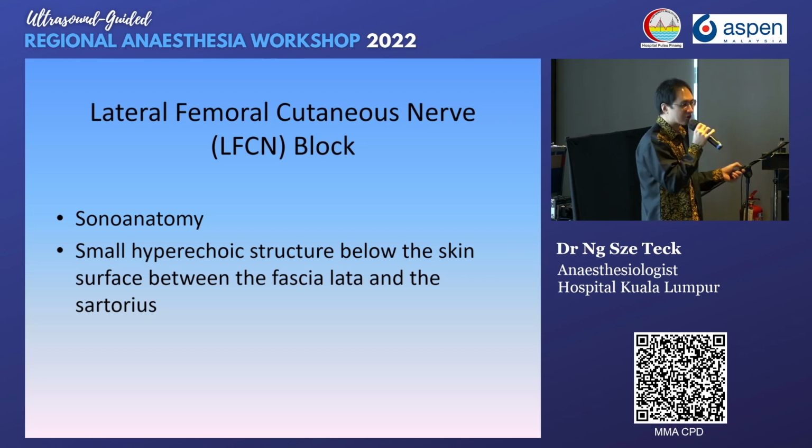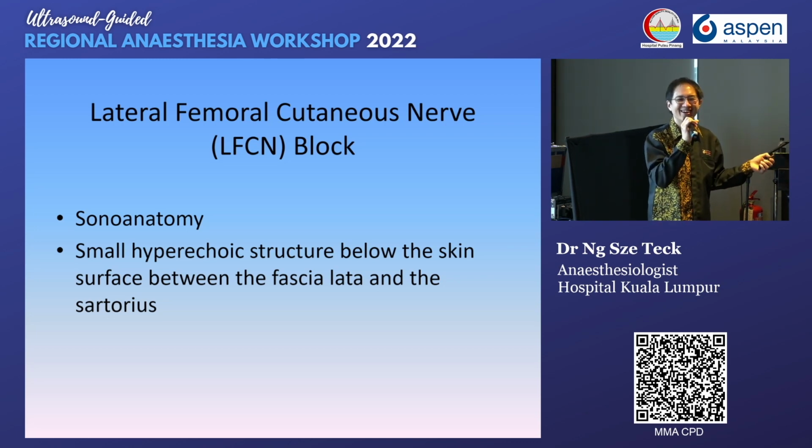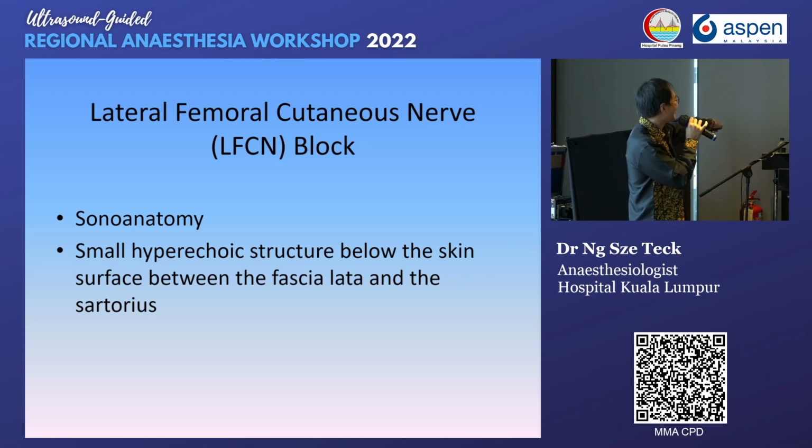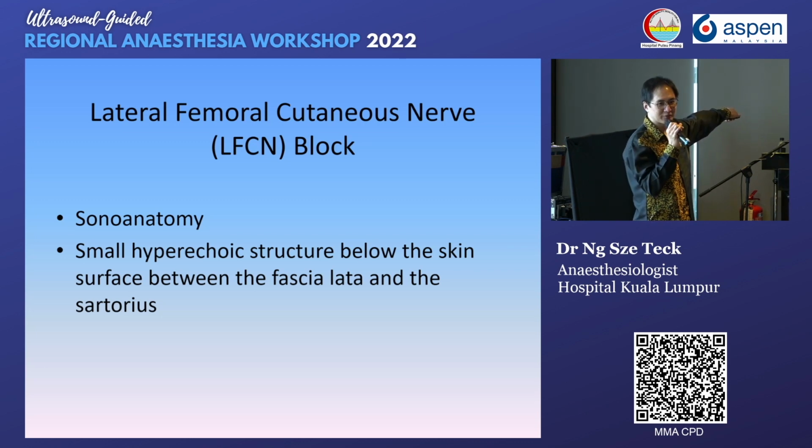Under ultrasound, it's sometimes very difficult to see because it's just too small. You just see a structure underneath the skin surface between the fascia lata and the sartorius. First you look for the ASIS, then you track down and look for the sartorius and the fascia lata.